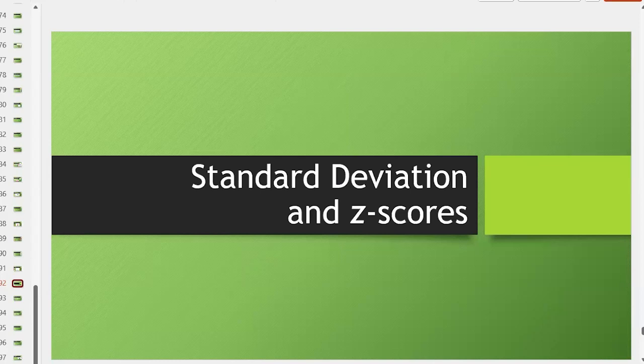So in the previous video, we talked about how to find measures of position in a data set when the median was the best measure of center. When the mean is the best measure of center, we generally have symmetric data. And we can do different things with data that are symmetric and with things like means.